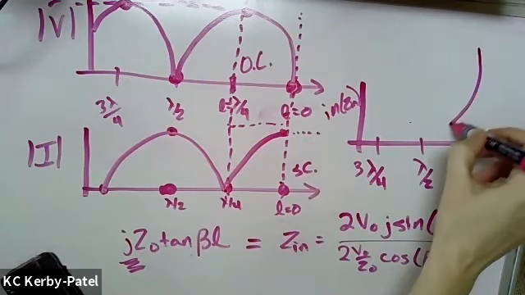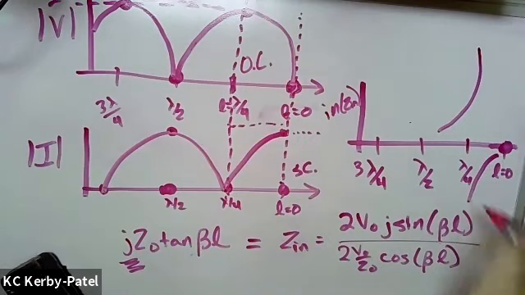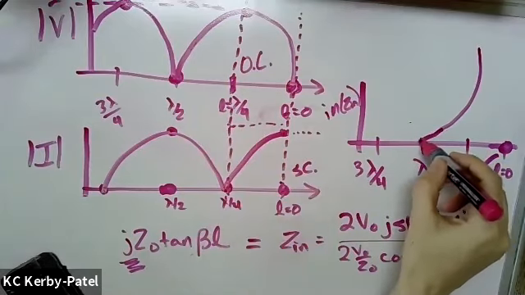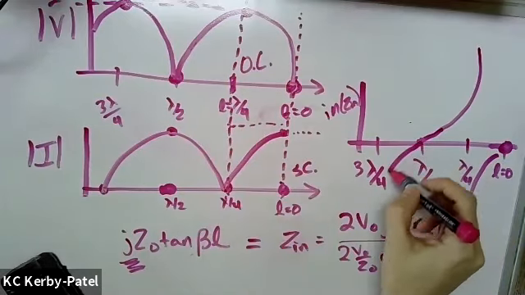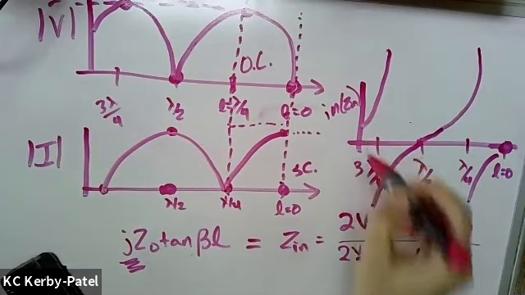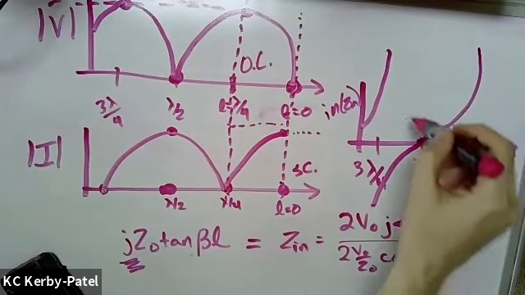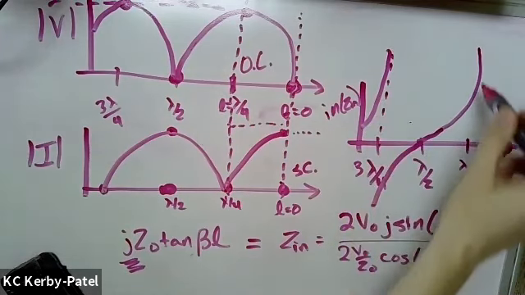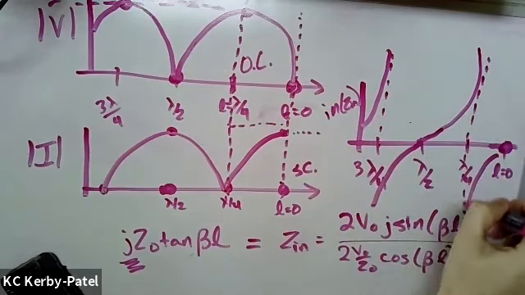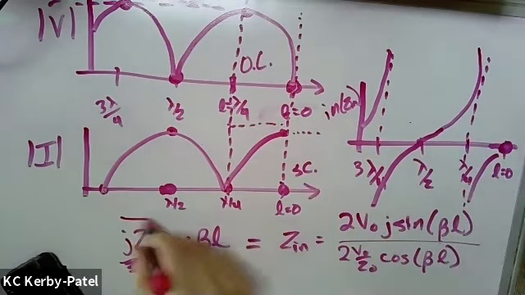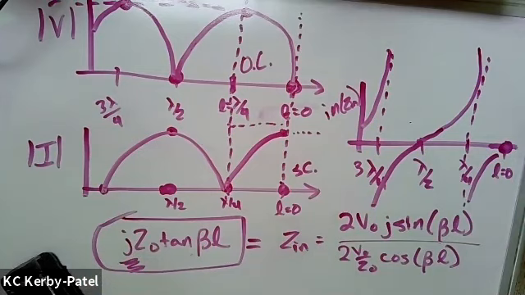Like that. We have another 0 at half wavelength, and then it goes down and then up again like that. So our input impedance at this thing, since it's a perfect short circuit, looks like a plot of a tangent, which you have seen before.